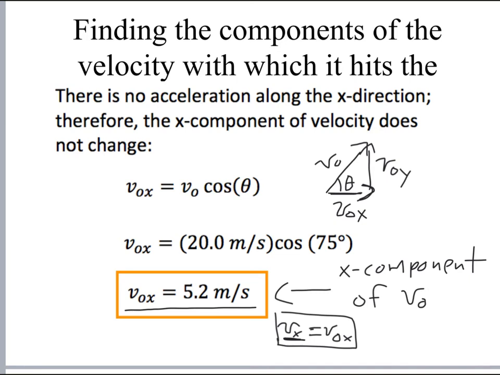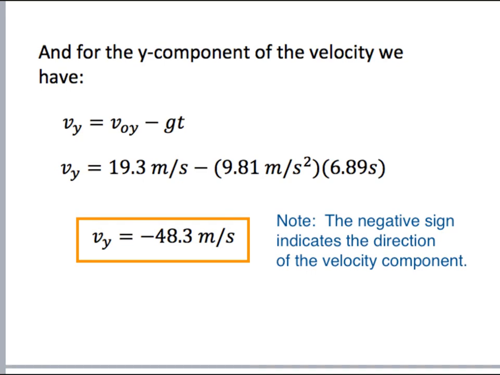So at every point on that parabolic path, the x component of the initial velocity is the x component of the velocity at all of those times. Okay, we just found the x component of the velocity when it hits the ground. In fact, we found the x component of the velocity at all times: when it's shot, when it's in the middle of the trajectory, and of course when it hits the ground.